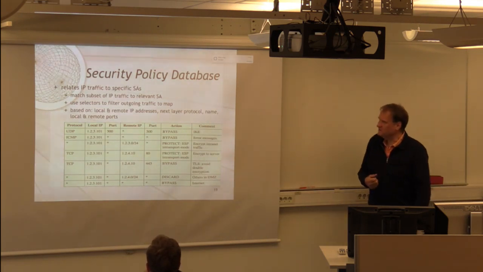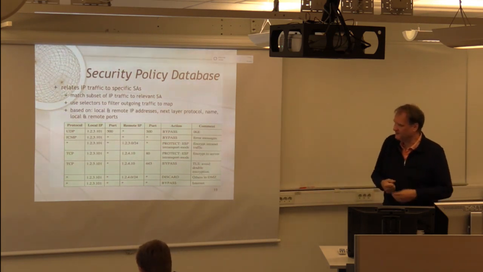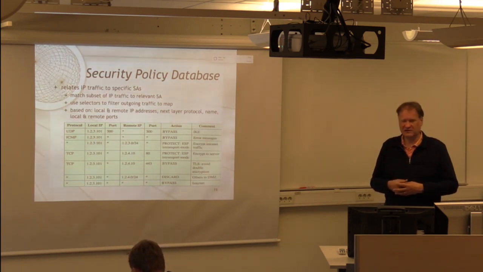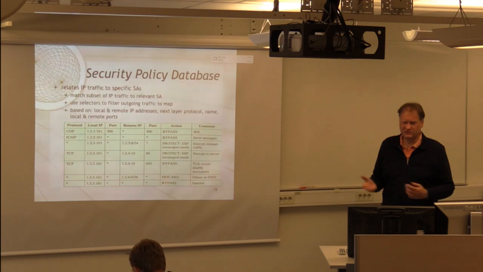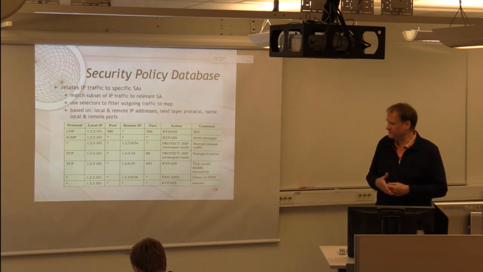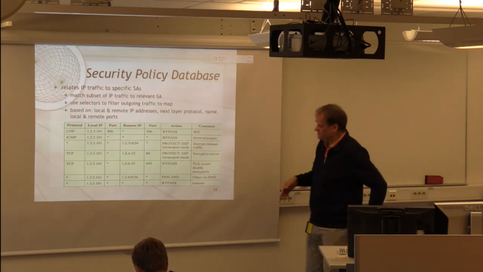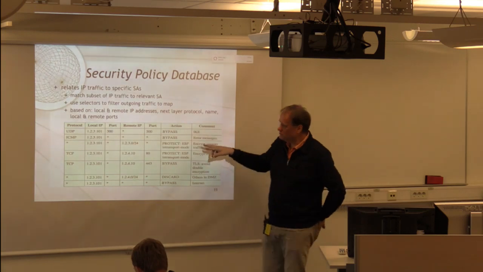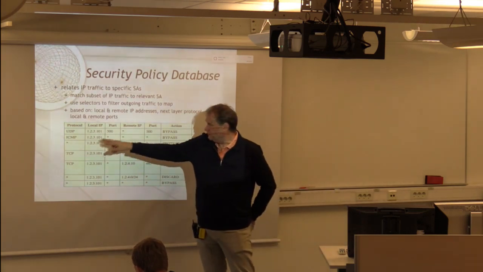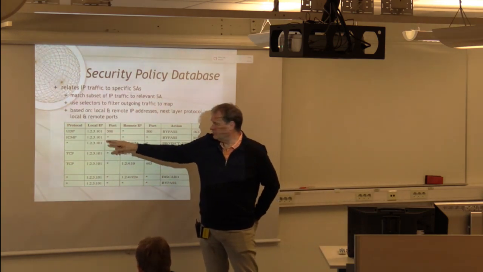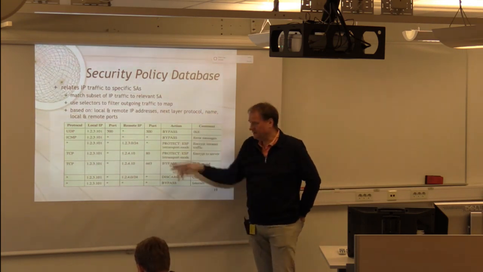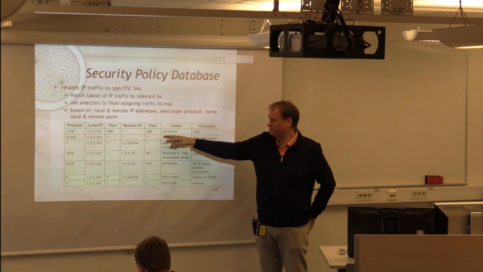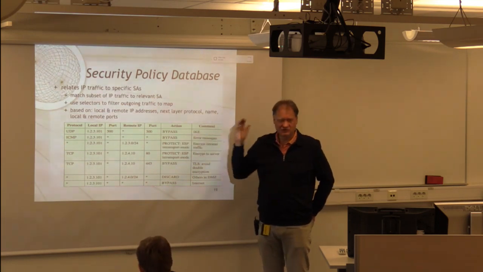And this is what a security policy database can look like. So the idea with this one is that we should have a rule set to decide what to do with different things. So for instance here it says that UDP on port 500 going from a local machine here to any remote on port 500 should just be bypassed.